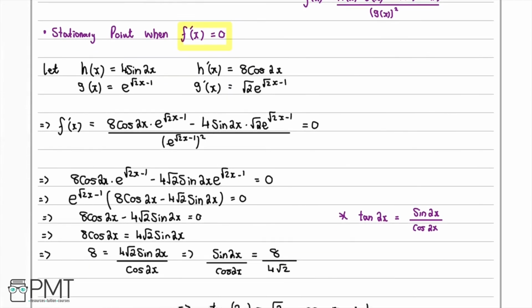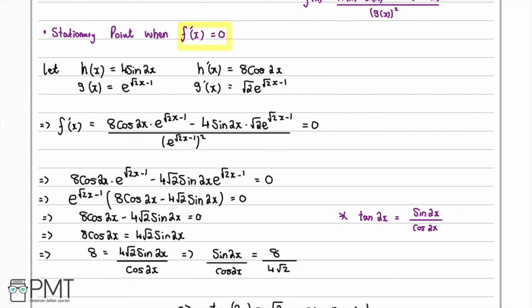We then receive our second mark for getting to this stage here, when we had that f dash x was equal to 8 cos 2x e to the power of root 2 x minus 1, and then we take away 4 sin 2x, multiplying that by root 2 e to the power of root 2 x minus 1, divided by this g(x) term squared. That is where we picked up our second mark.